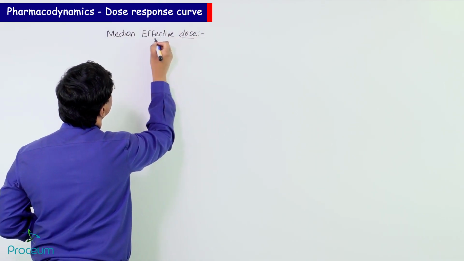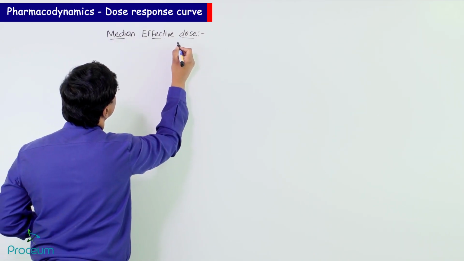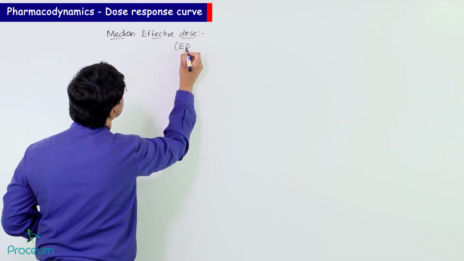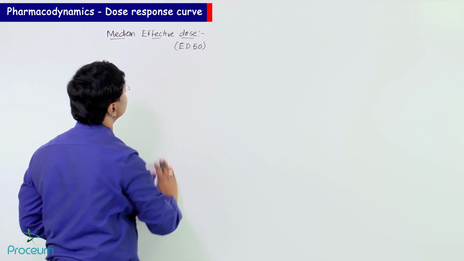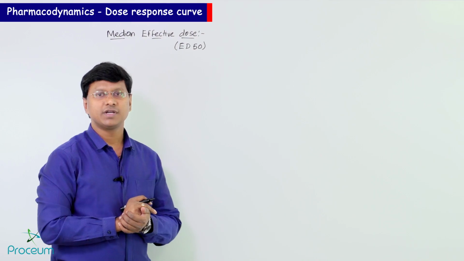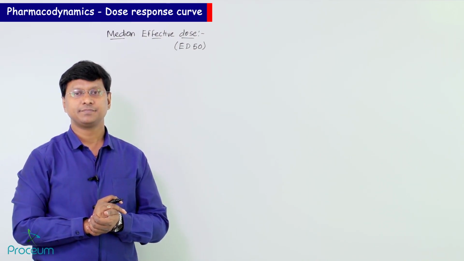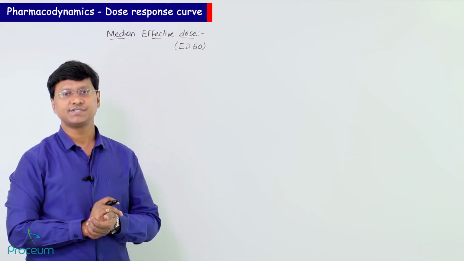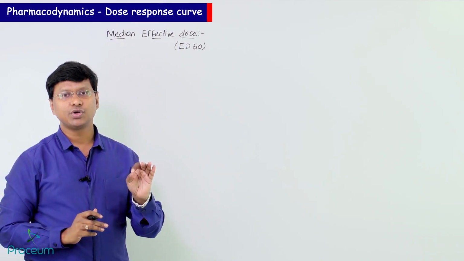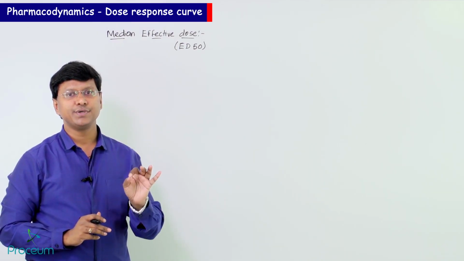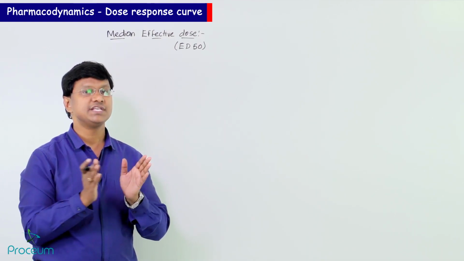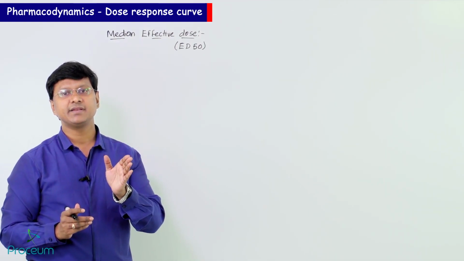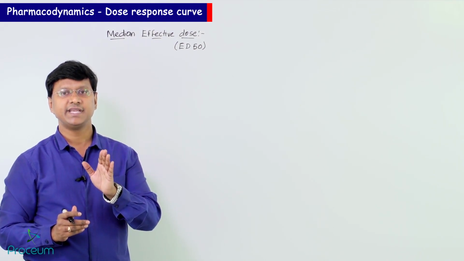Now what does this mean? Remember, it is defined as the dose that will produce half of the maximum response, and that is called the median effective dose, that is ED50.